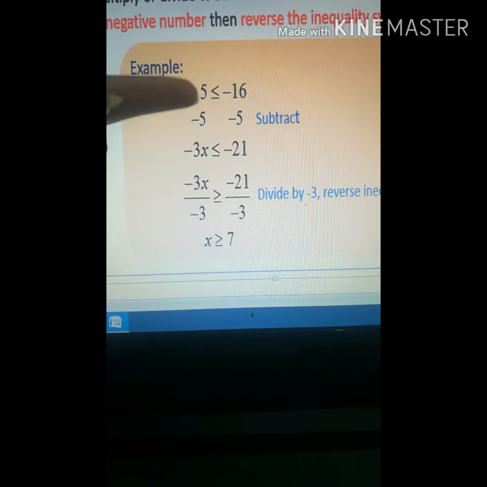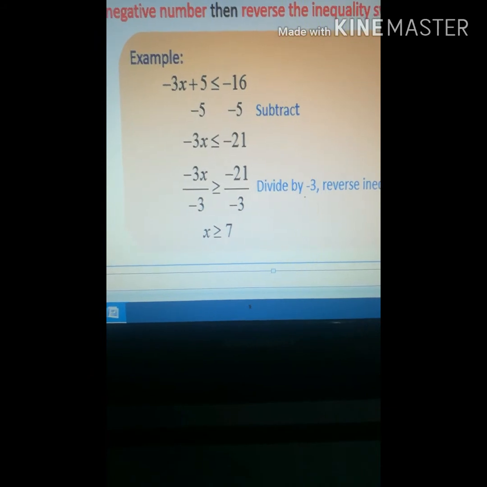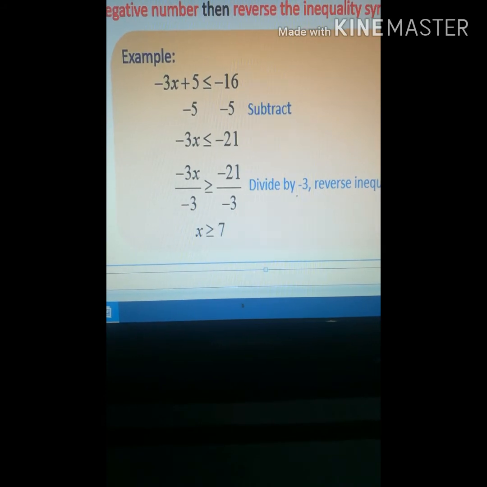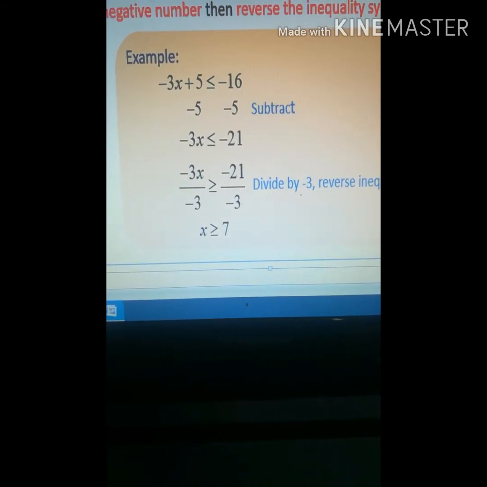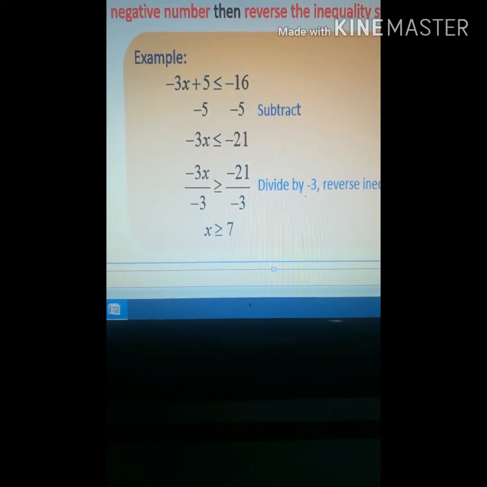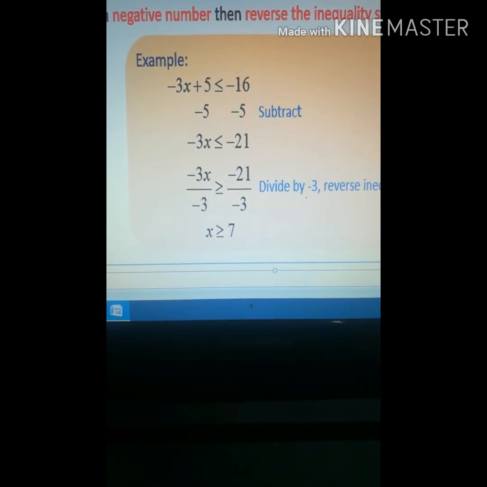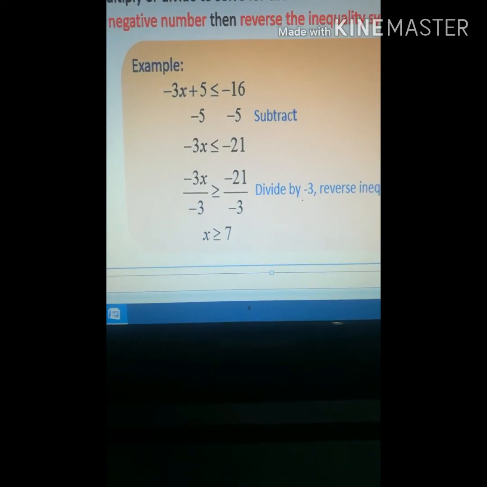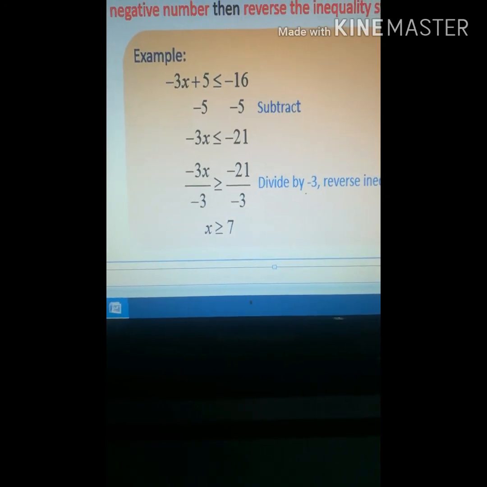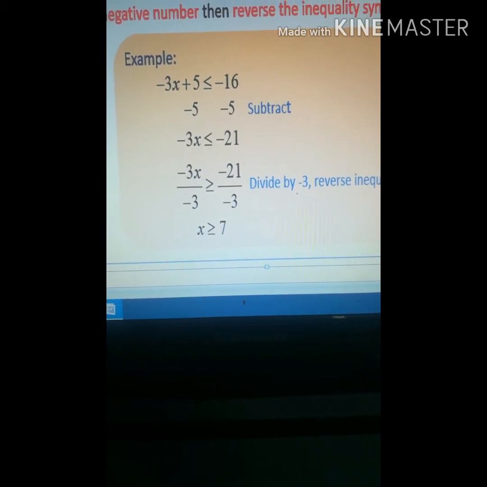I want to get rid of 5 because I want x alone. You have to ask yourself how to get rid of 5. The opposite of plus 5 is minus 5, because I want to make the 5 zero. Whatever you do on the left side, you do the same step on the right side.